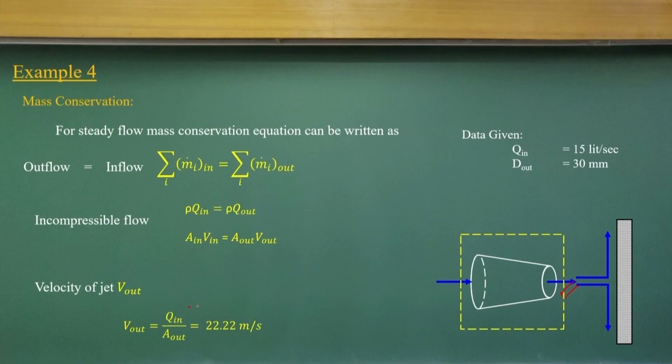Based on that, the velocity of the flow going out from the nozzle will be, in proportion to the area, 22.22 meter per second. This is V out, because as you reduce the diameter of the nozzle, you will have a higher velocity. That is the concept.